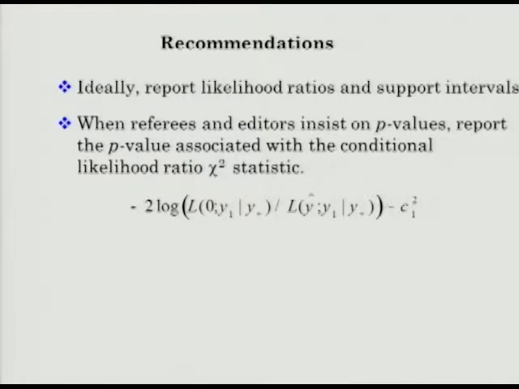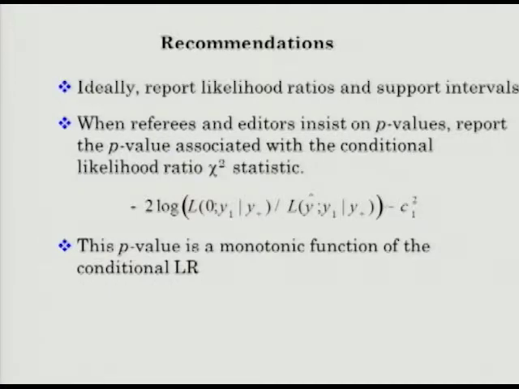So we're comparing the likelihood under the null versus the maximum likelihood value, which has a chi-squared distribution with 1 degree of freedom, although we recommend this not because of the chi-square property, but because this p-value is a monotonic function of the conditional likelihood ratio.